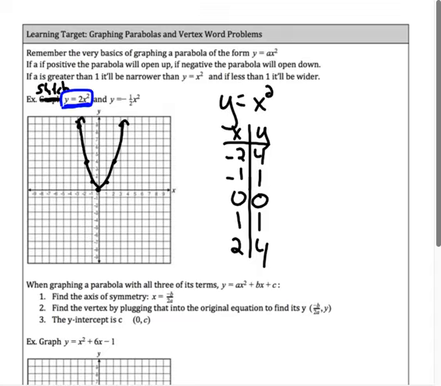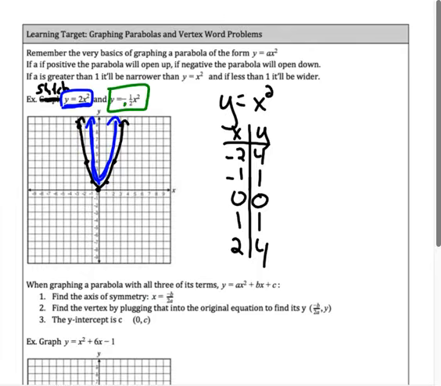So this 2x squared, again, I'm not going to make you actually graph it, but it's going to go up faster than just x squared would. Okay, so again, just a little tidbit for you for recognizing these, because on the final, you're going to have to recognize these graphs. It's not going to make you actually plot every individual point, but I want you to see what's going on.